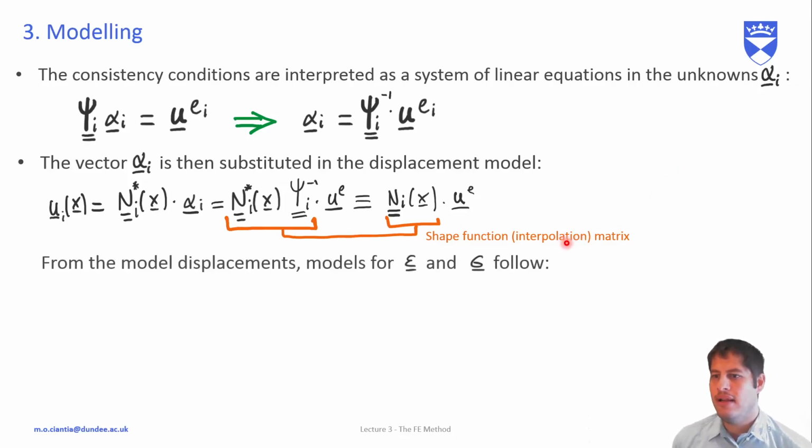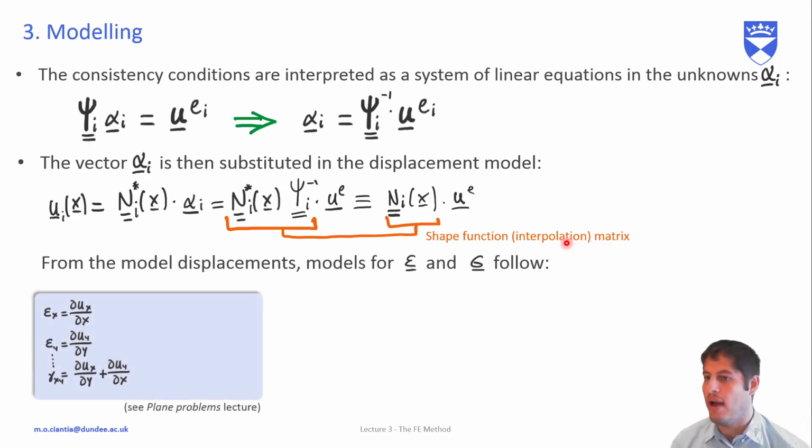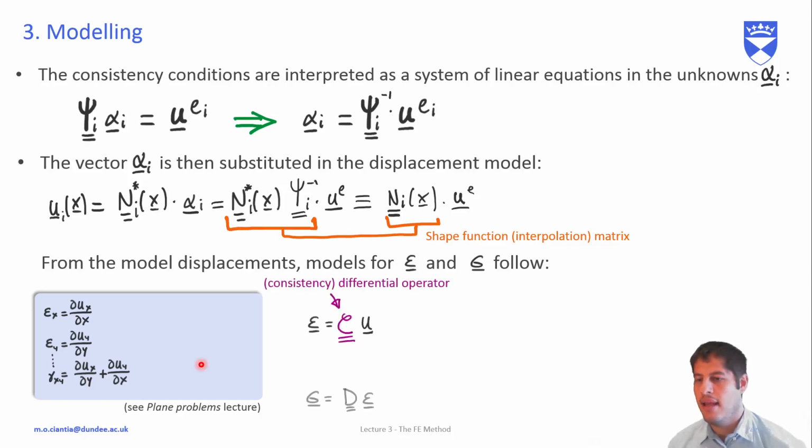Now, given the displacements inside of our element, we can get the strains and stresses, because we have the model for the displacement. In fact, if you recall the plane problems lecture for 2D, or even the first lecture, we have the definition of strains, which in the matrix representation introduces this consistency differential operator.